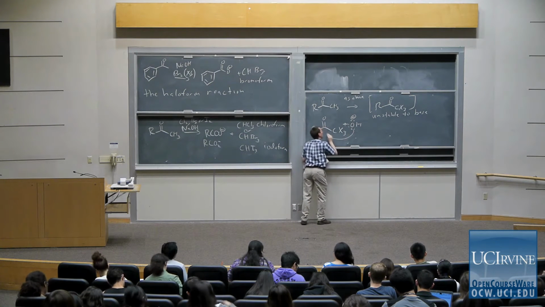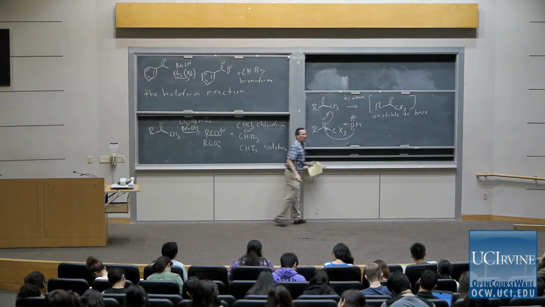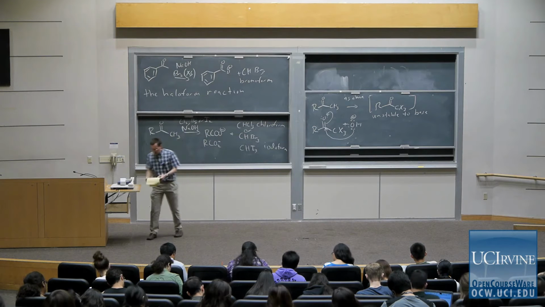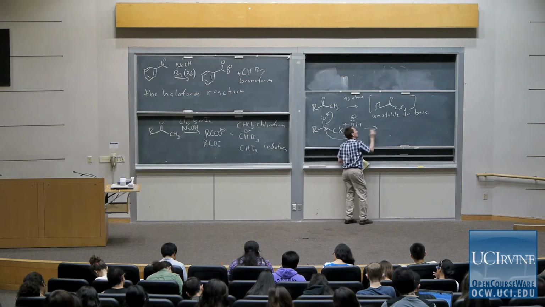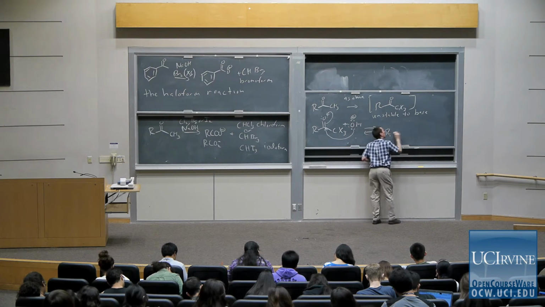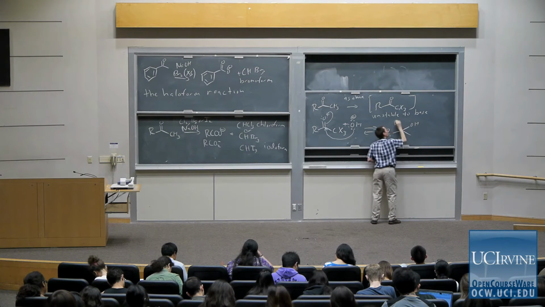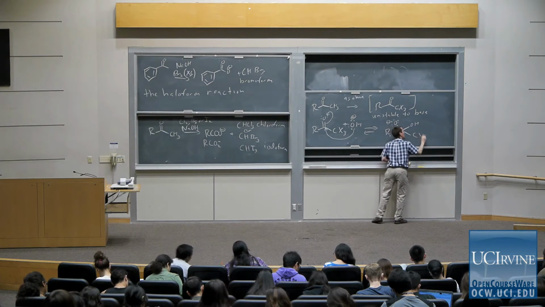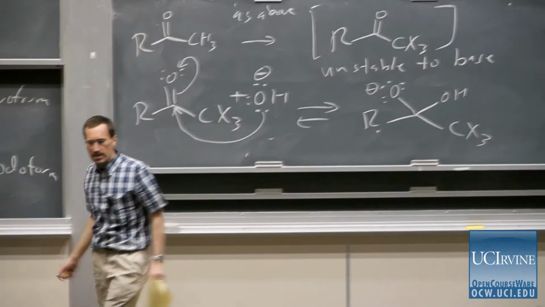Hydroxide can add in, I'll put in a few electrons and try to be a good person. Hydroxide now adds into this extra electrophilic carbon. Now here's where things get fun. And I'll only draw the lone pairs that we need just to prevent us from going crazy here.